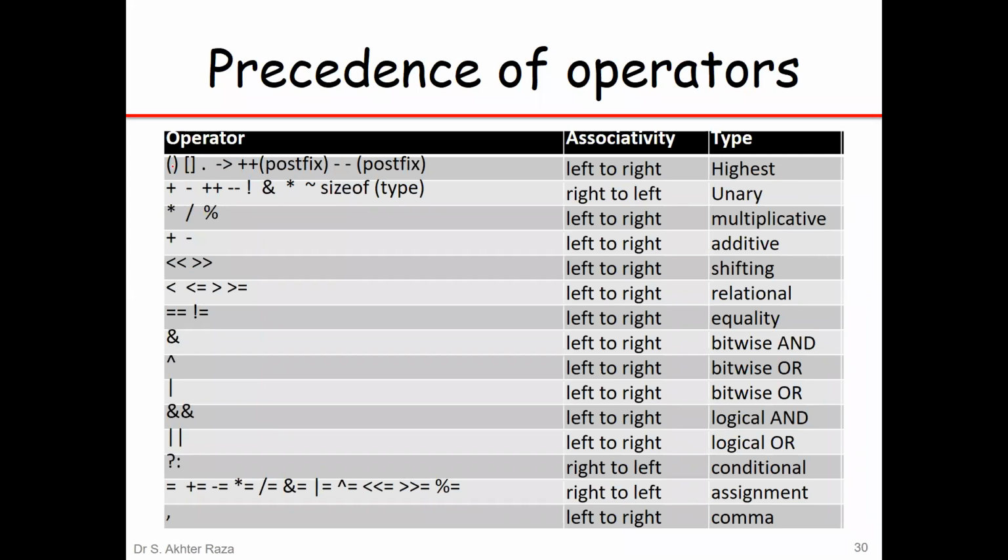So at the top level we have brackets, and the operators plus plus postfix and minus minus postfix. These operators have the highest precedence, and the associativity is left to right. So all over there the associativity is left to right, except only two things. One is this, right to left.